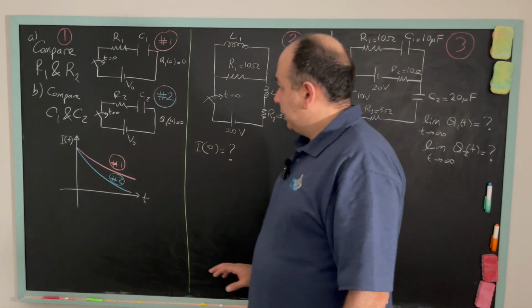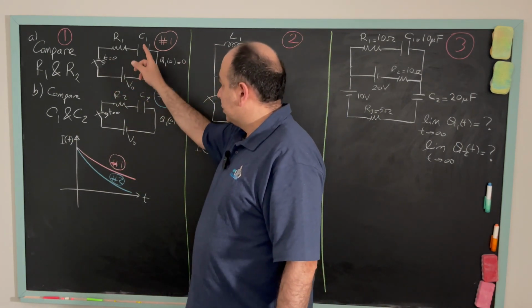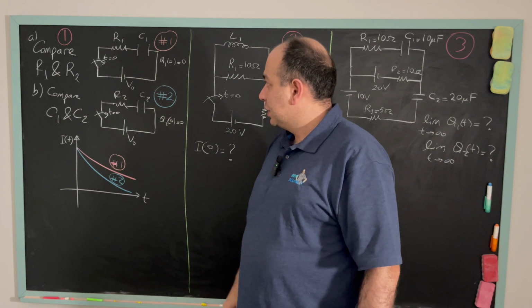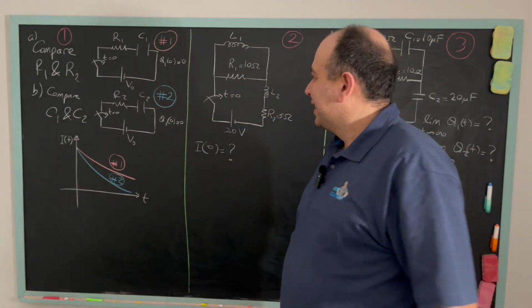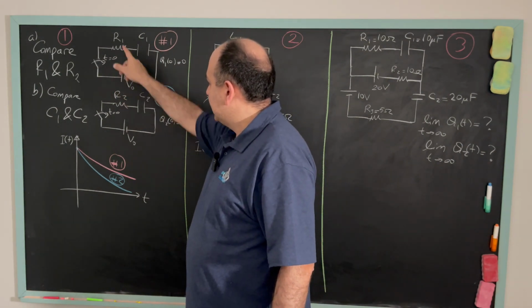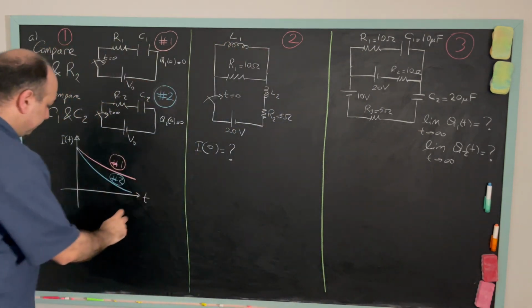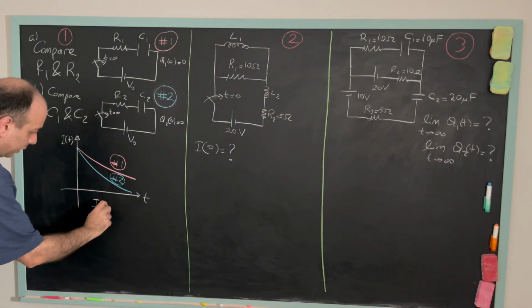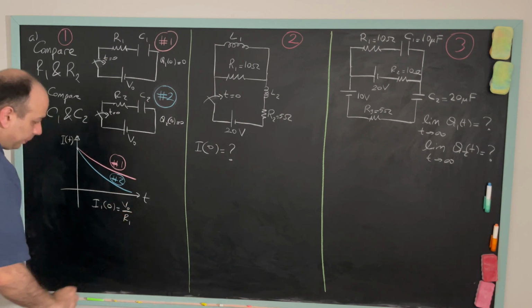Good. So if I look at this I versus time graph, when t is equal to 0, both capacitors are uncharged, so they can be replaced with a short, right? So the current in the first circuit would be just equal to V0 over R1. So I can simply write it down. I1(0) is equal to V0 over R1.